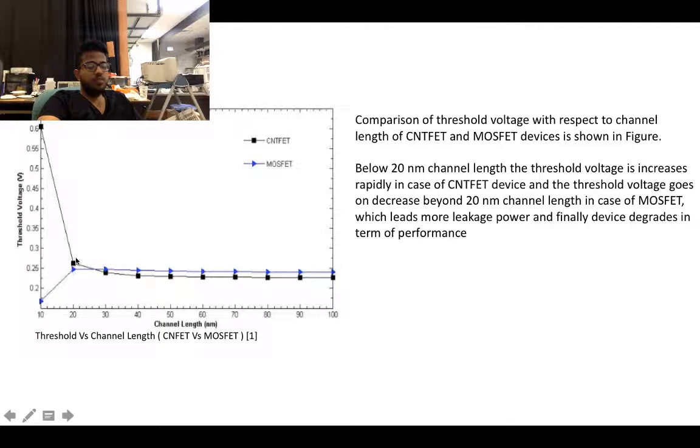It's not wise enough to say that this increase is something which we really want, but this is definitely what we don't want. So obviously it's better to have something which is okay than something which is completely not acceptable. Again, below the range of 20 nanometers, you tend to lose control over your MOSFET, so the introduction of carbon nanotube helps you to keep control over your device.